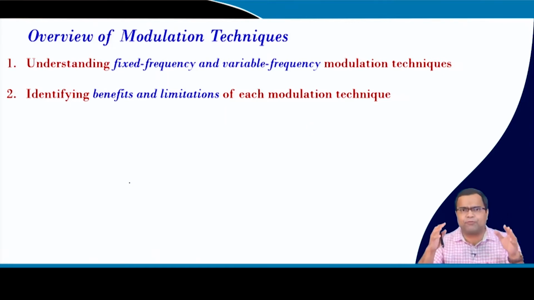For example, if you go for trailing edge modulation in current mode control, which is nothing but peak current mode control, we saw there is a current loop stability issue beyond close to 0.5 duty ratio, which is the boundary line for both trailing edge and leading edge, or basically peak current mode and valley current mode control, and each of them has limitations in terms of operating duty ratio.